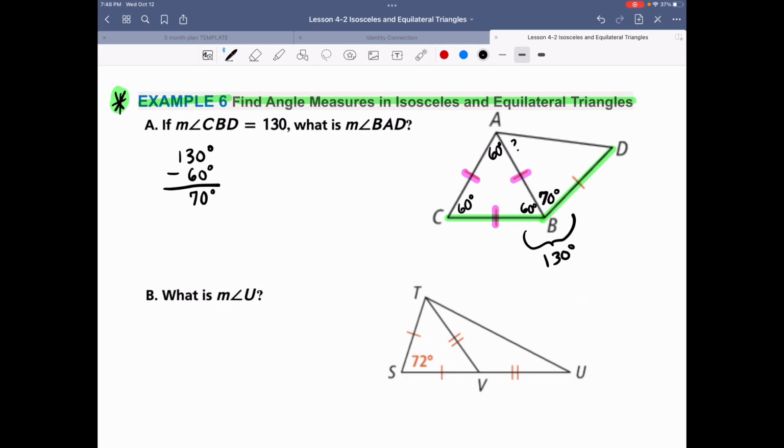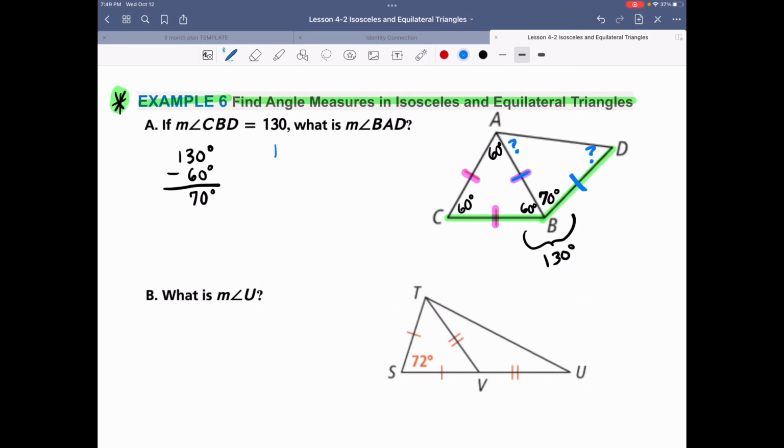The triangle BAD is isosceles because there are two sides equal in measure. So we can say that BAD, this angle here that we're looking for, is the same as this angle over here, BDA. And if that's true, then what we need to do is figure out those two angles. They're equal in measure.